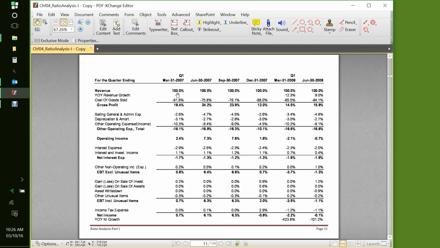For each quarter, every number in that quarter, okay, not across quarters, but in that quarter, is divided by the company's revenue in that quarter. So we divide revenue by revenue, we get 1 or 100%. We divide cost of goods sold by revenue, and we get 81.6%. So how did we get this 81.6%?